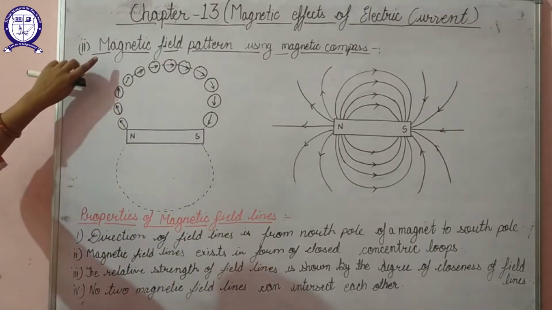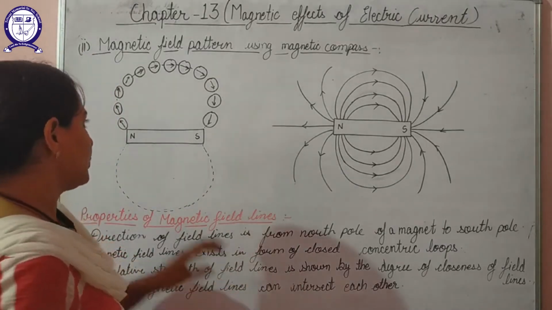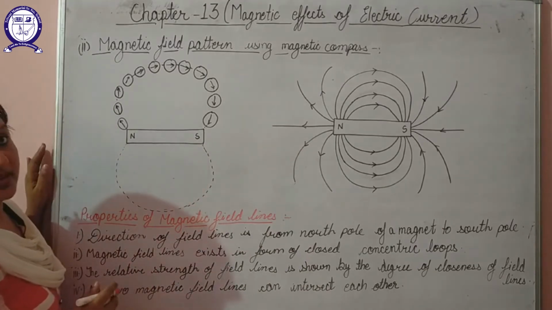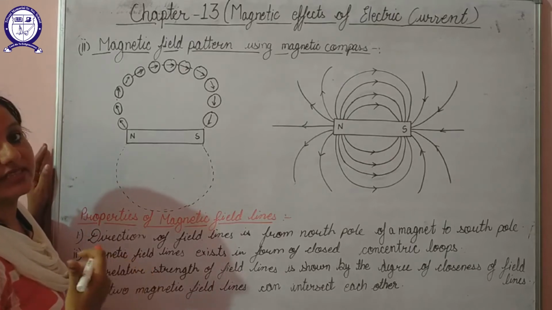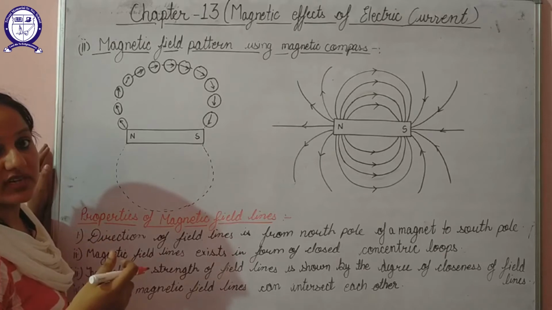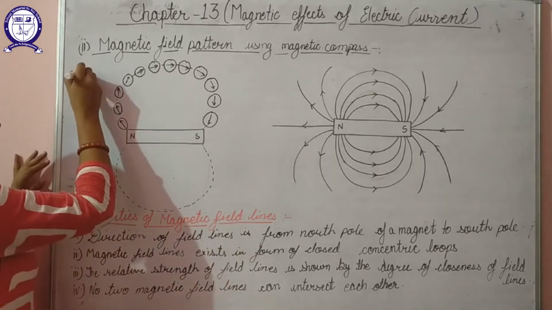Then the second method, the magnetic field pattern using a magnetic compass. In this method we will draw the field lines using a magnetic compass. Before plotting it, it must be clear what basically a magnetic compass is. A magnetic compass is an instrument used to determine direction.